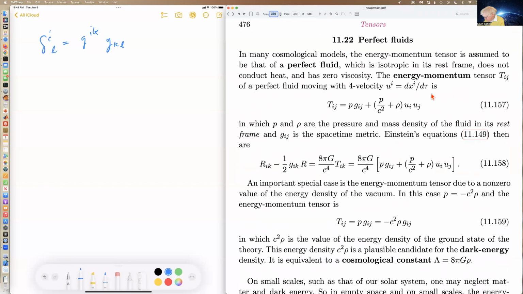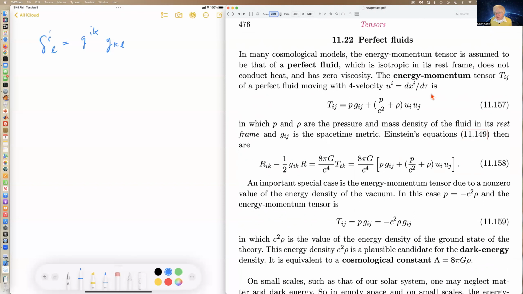When one does cosmology, of course, one simplifies the treatment of matter dramatically, and in particular, the model that is used most commonly is that of a perfect fluid.